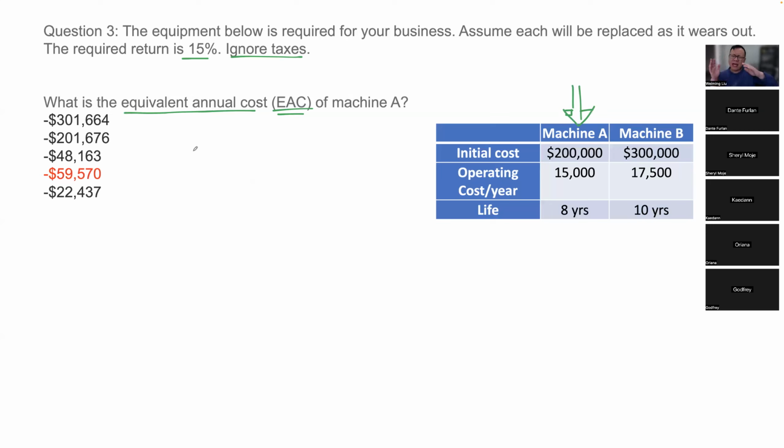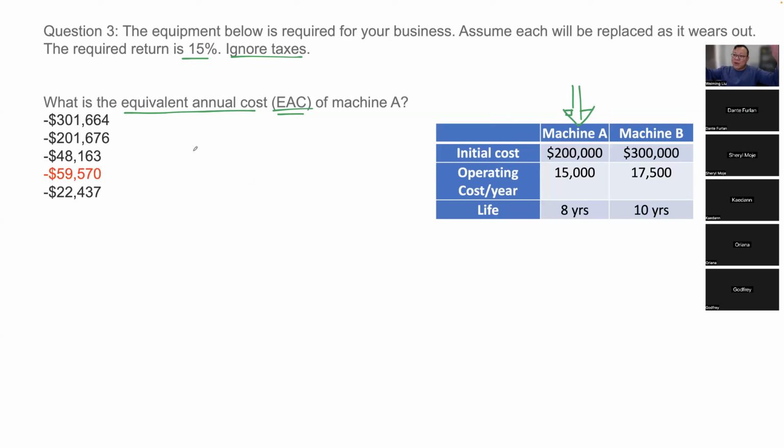If I imagine that I'm owning this for 8 years, how much does it cost me every year, if that's an equal number, like an annuity? I know in this case, it's not a pure annuity because the initial investment, $200,000, is different from $15,000.